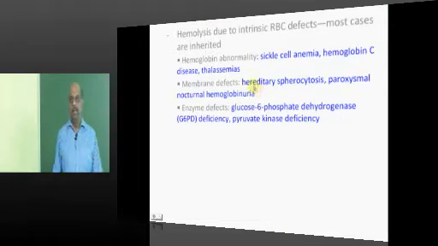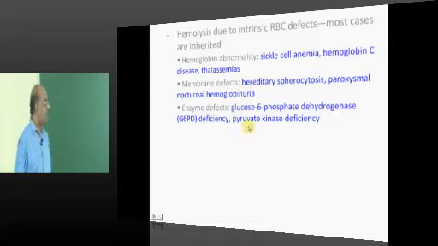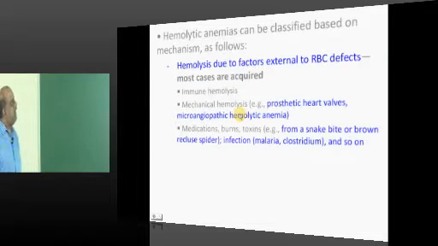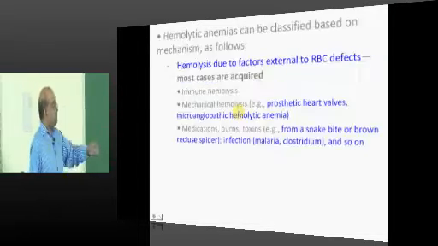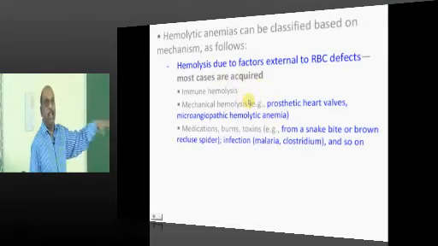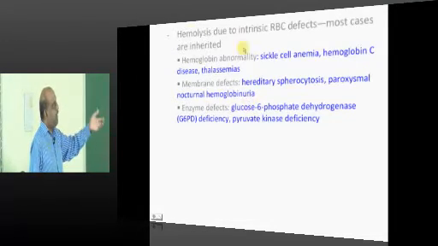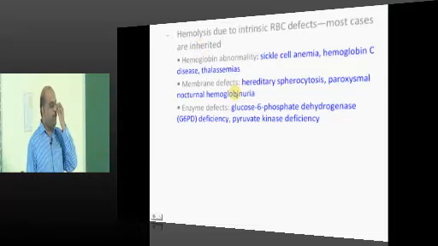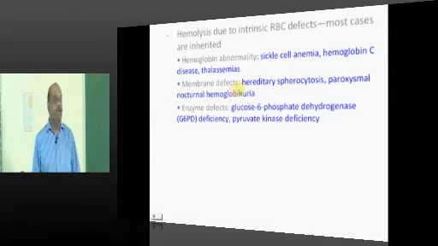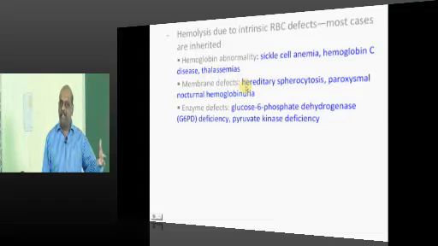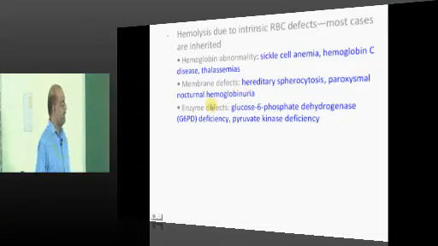Now, if you look at the hemolysis, these are all the factors which are external to the RBC. You have some factors which are problematic within the RBC, like sickle cell anemia, hemoglobin C, thalassemias. They are all the problems within RBC which promote hemolysis.